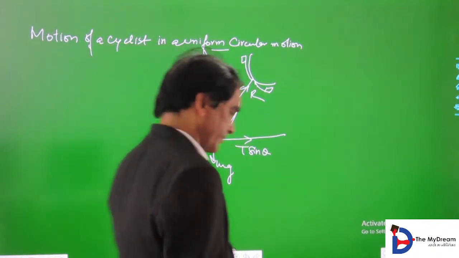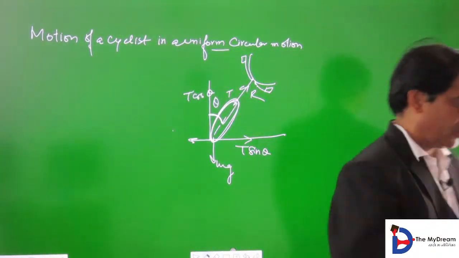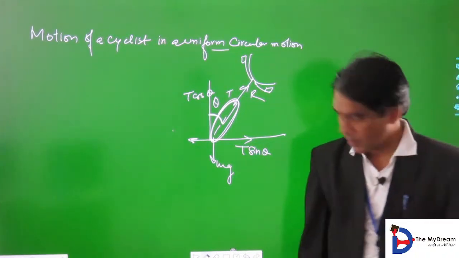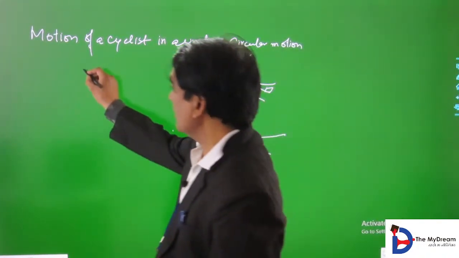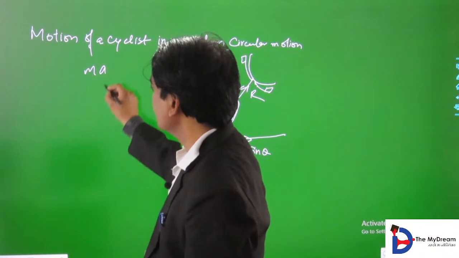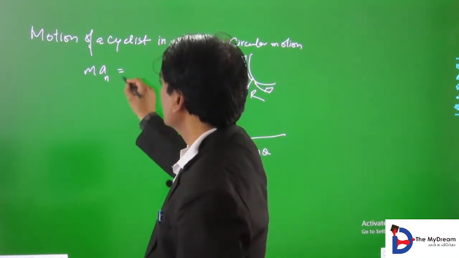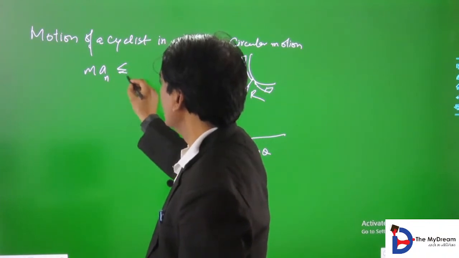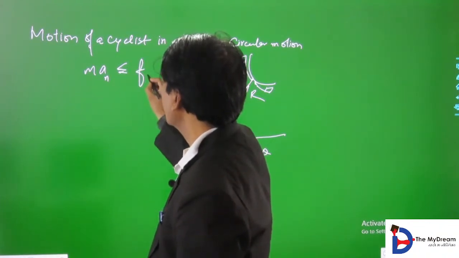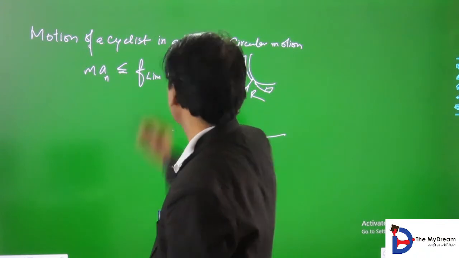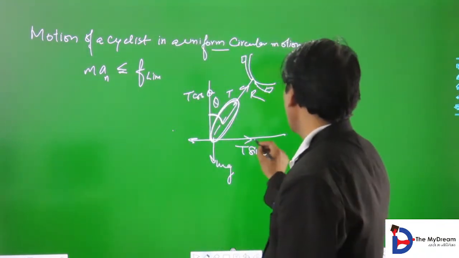ठीक है, एक तरीका तो यही है. So the m into a normal aspect is less than or equal to the limiting force of friction. यही पे लगेगी.